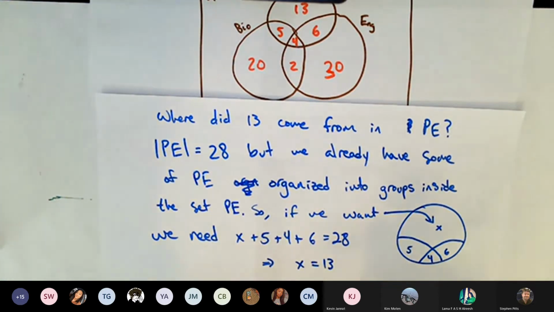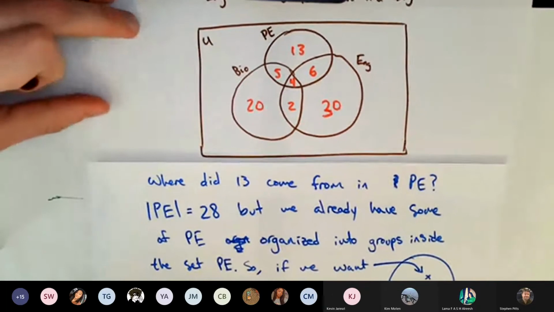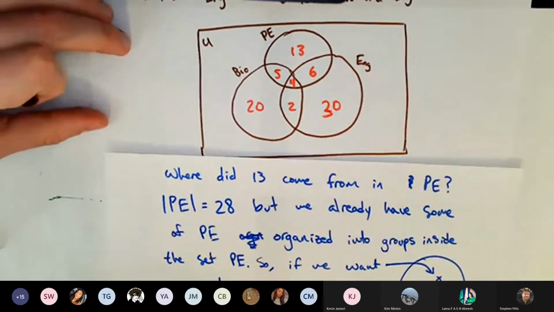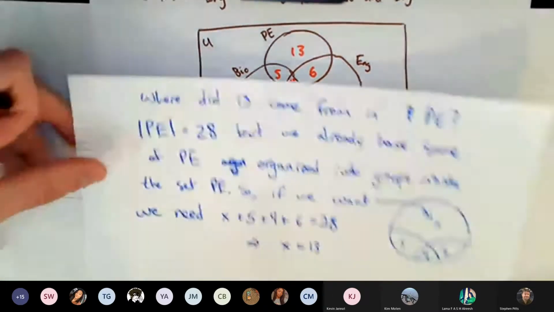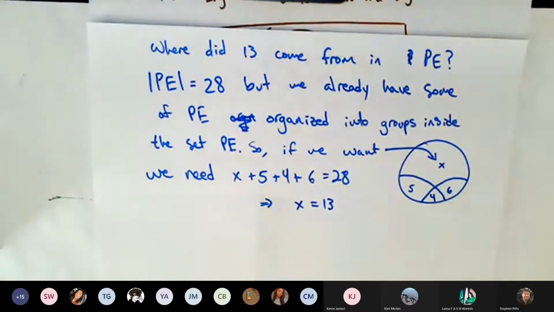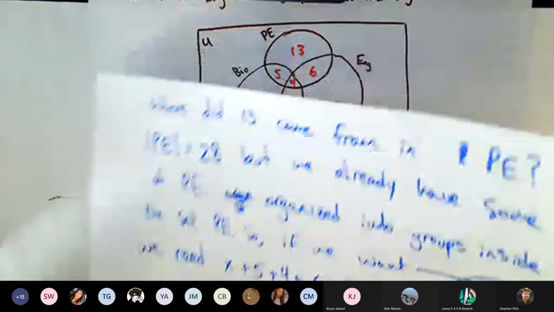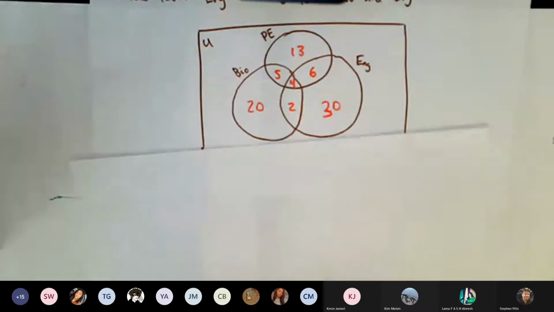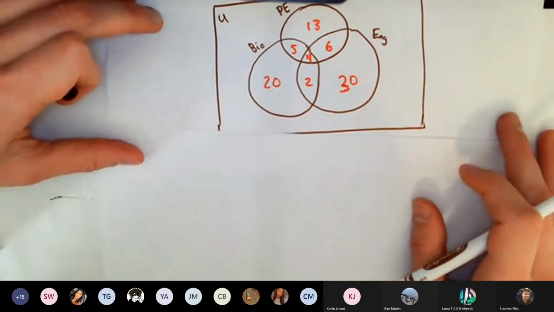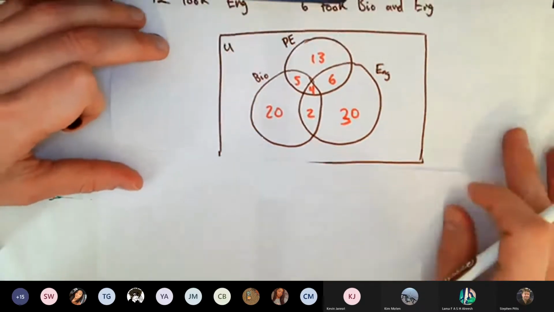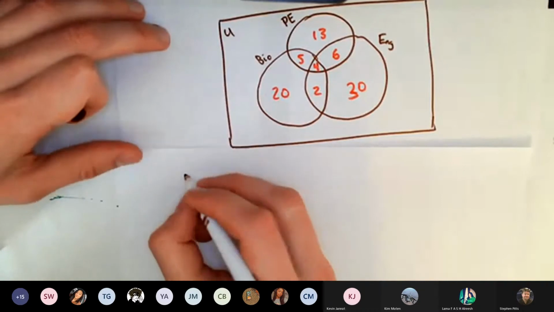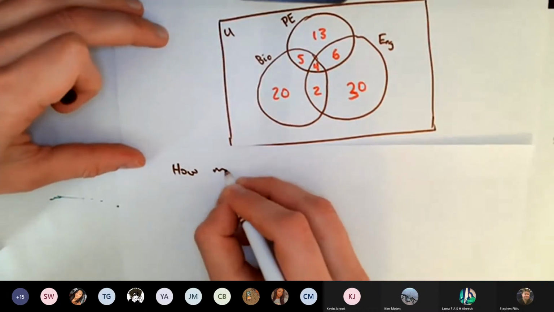What about the actual questions that were asked? I'll leave that there for a moment if you're writing it down. All right. So the actual questions were, how many students took none of the 3 subjects? Actually, we didn't explicitly write that down in our picture, but that's okay, we can find it.